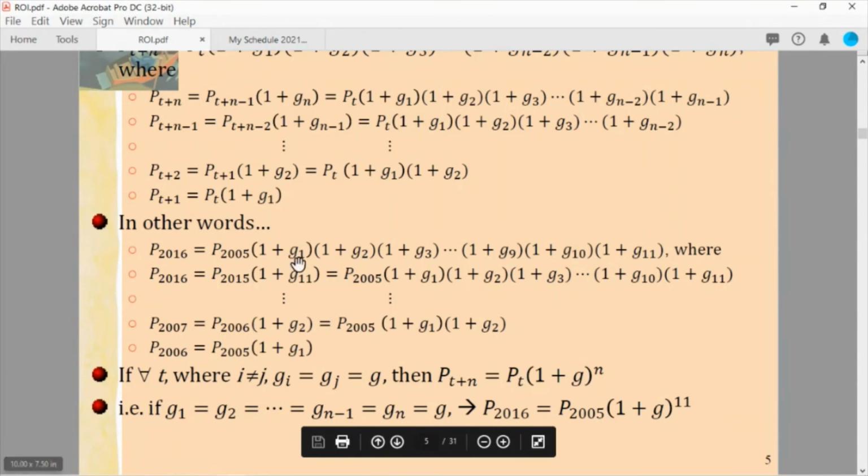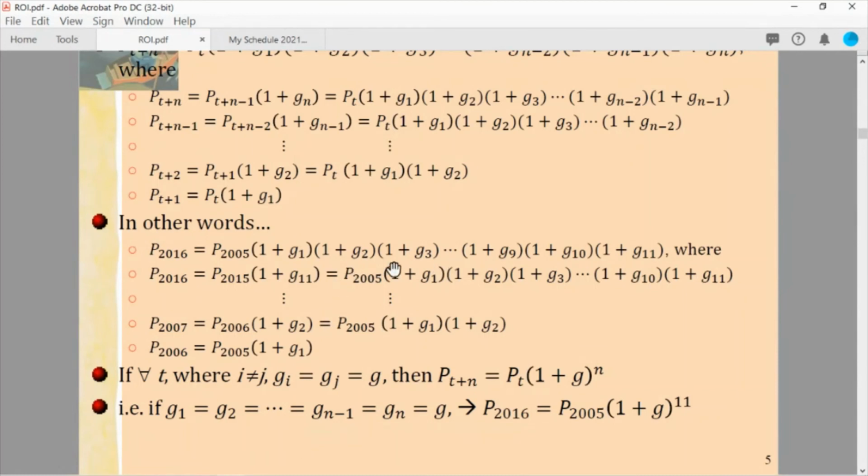Why the subscripts there? Because they are all different. First year's growth rate is different from second year's growth rate, which is different from third year's growth rate, and so on. But if we have found an average, then they will be all the same number. Isn't it right? If it is an average, we can replace all of these with that average.